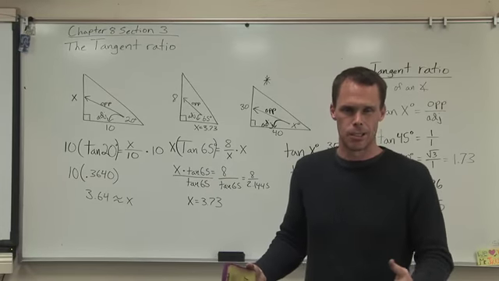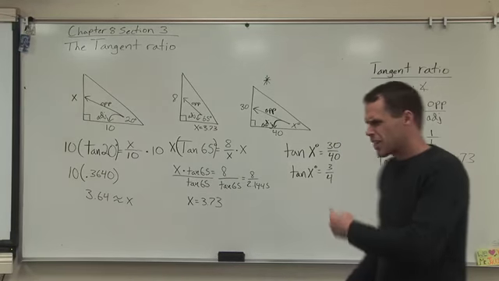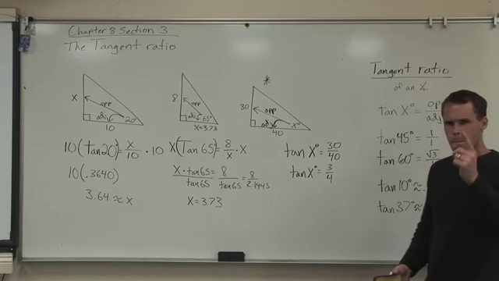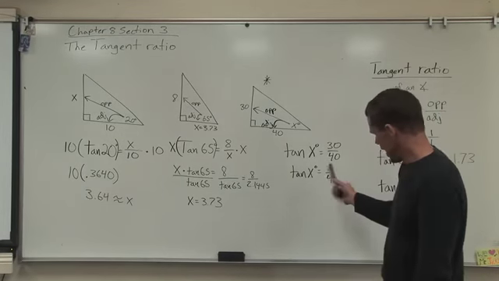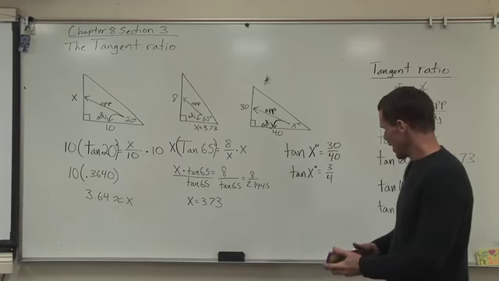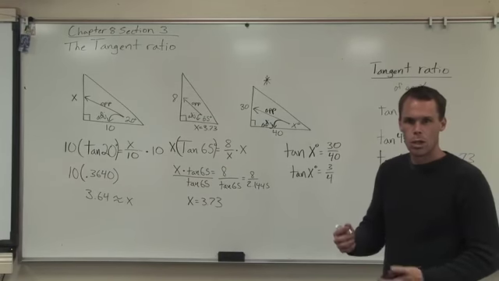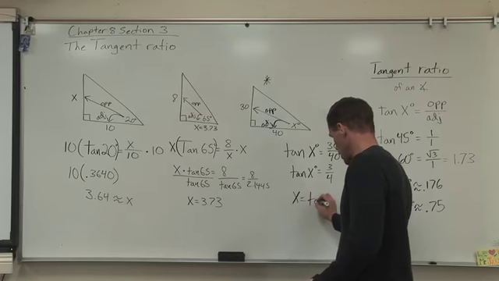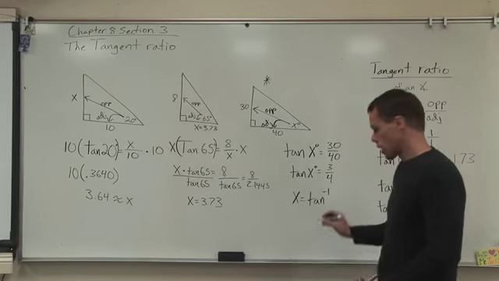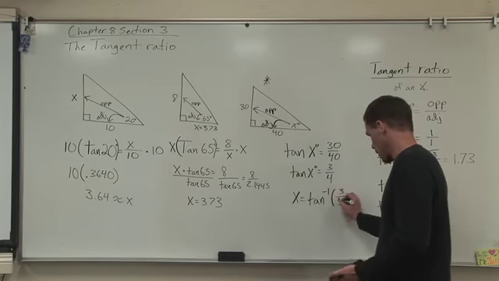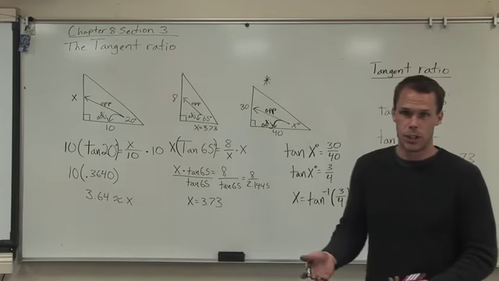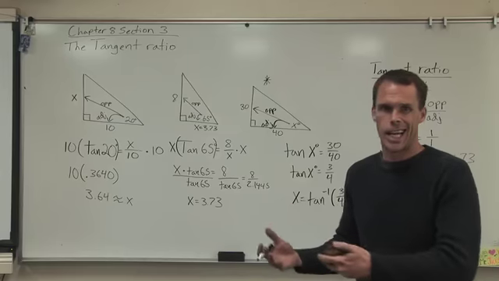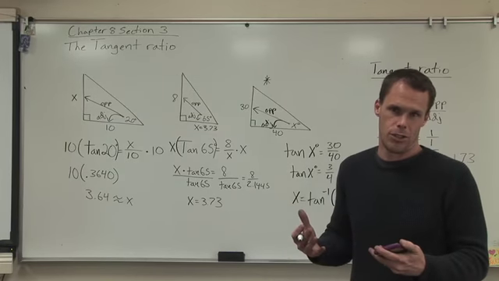What is that angle? Well, if your calculator knows the tangent of 10 and the tangent of 37, it must know what angle has 3/4. There's a way to go backwards. X equals the inverse tangent. We're not asking the calculator to find the tangent of 3/4; we're asking it a question: what number has a tangent that is 3/4?